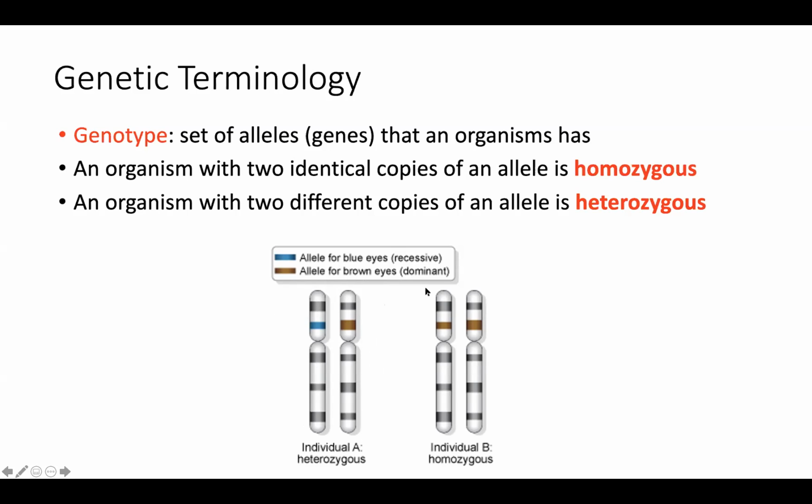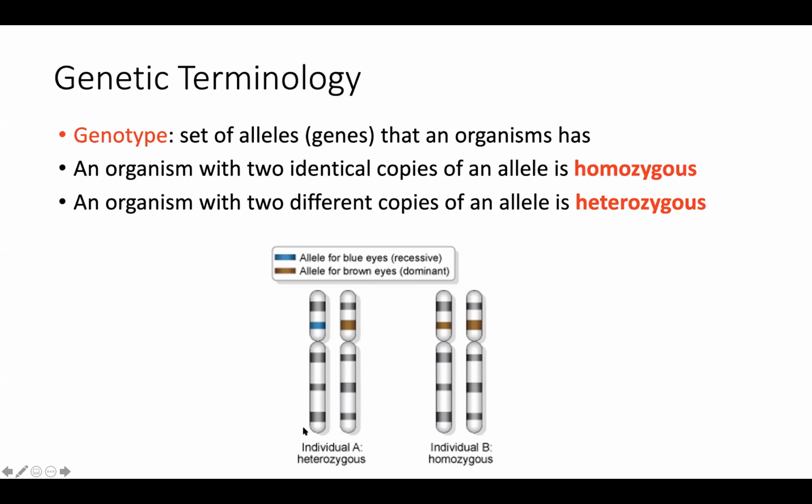But we have some additional information here that tells us that blue alleles are recessive and the brown allele is dominant. That's a term that we're going to get to in just a moment. But if I were to jump ahead, I'll explain that dominant alleles are going to overpower that of the recessive allele.